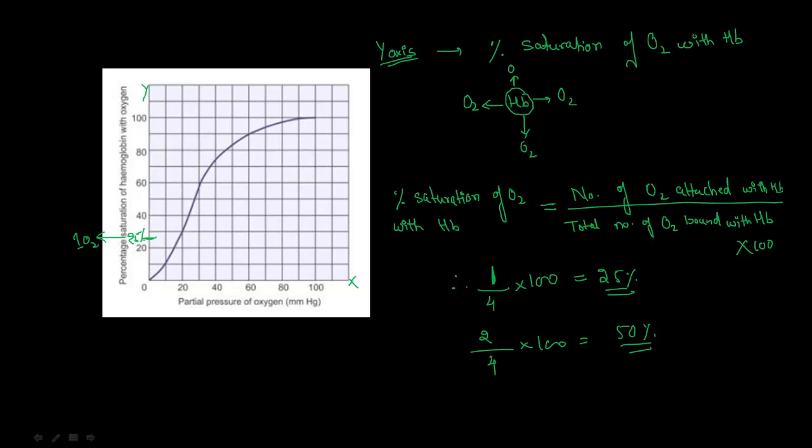If I talk about 50%, you will have two oxygen molecules attached, right? Then at 75%, which will come around here, you will have three molecules of oxygen attached with hemoglobin. And when the hemoglobin is 100% saturated, then there have to be four molecules of oxygen attached with hemoglobin, right? So this is what percentage saturation of oxygen with hemoglobin is.